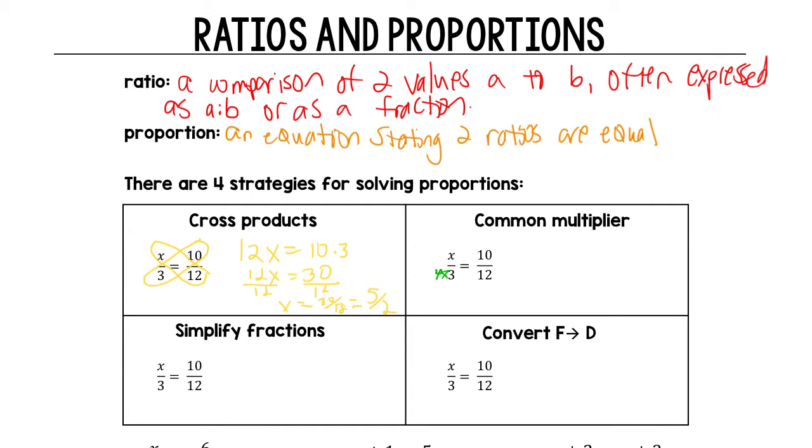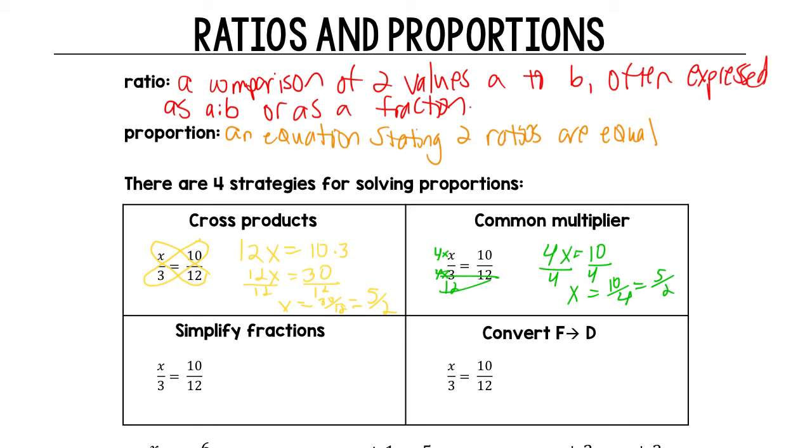So that means we can multiply the top by the same thing and get the same answer. The two bottoms are 12, so we don't care about that. What we do care about is now we have 4x equals 10. We divide both sides by 4, and we get x is 10 over 4, or 5 over 2.